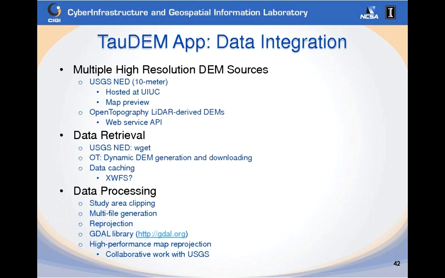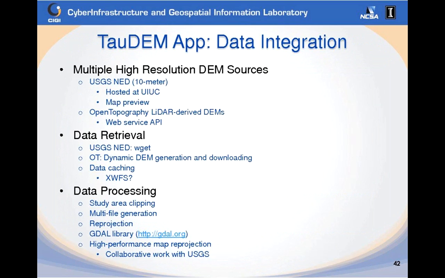So there are a lot of sources. In each source, the data may be different in terms of spatial characteristics, for example, map projection, resolution, and the measuring units of the coordinates and the vertical value.